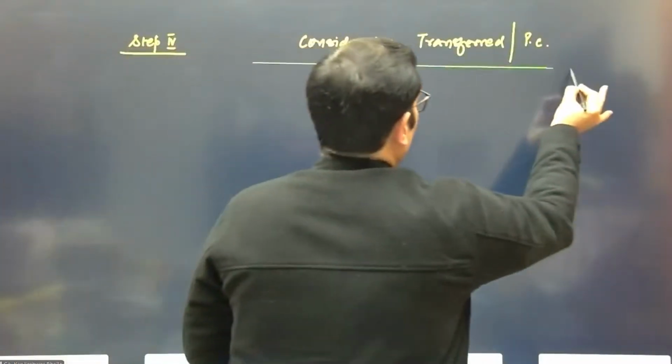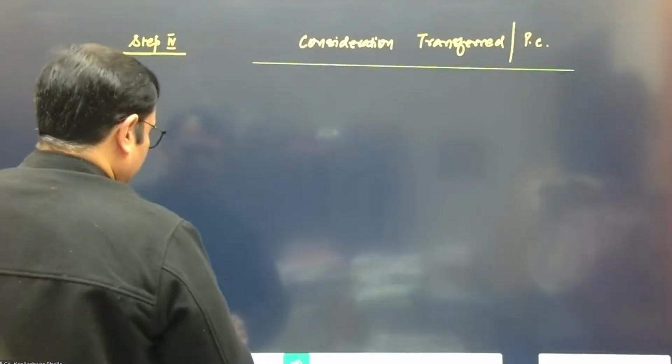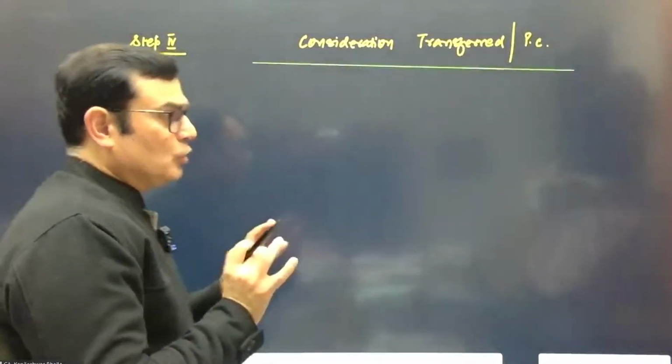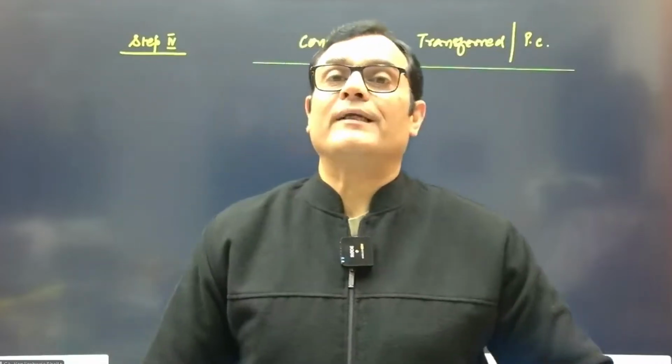Now, when you're looking at the consideration transferred, there are 2 considerations which you will generally see in every question. The acquirer may pay to the shareholders of the acquiree, mind the words as I use, number 1, cash. And number 2, he may issue shares in his own company.